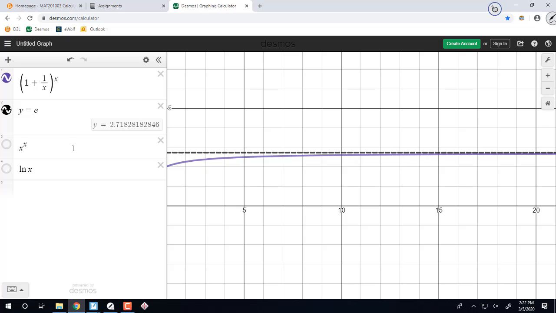But the way that shows up is, well, what's the limit at infinity of this particular function? What we end up with is 1 to the infinity. Remember, in terms of a limit, it says that the base is approaching 1 and the power is approaching an arbitrarily large number.